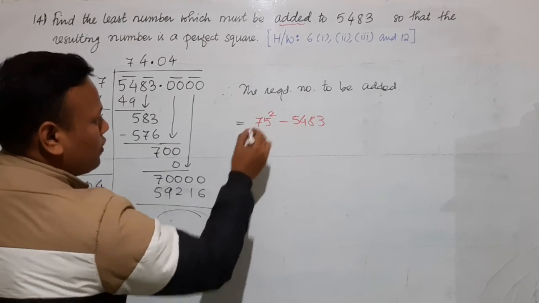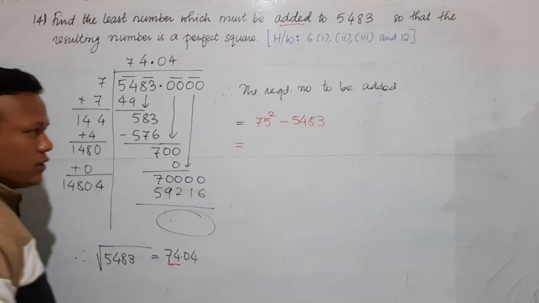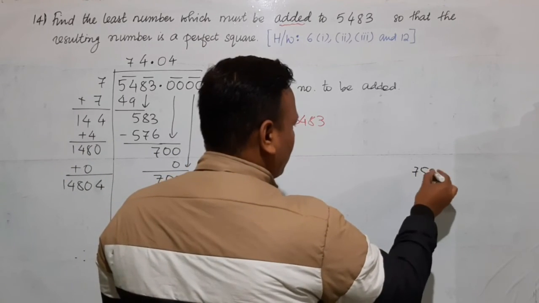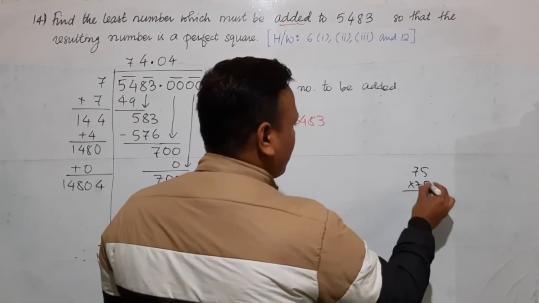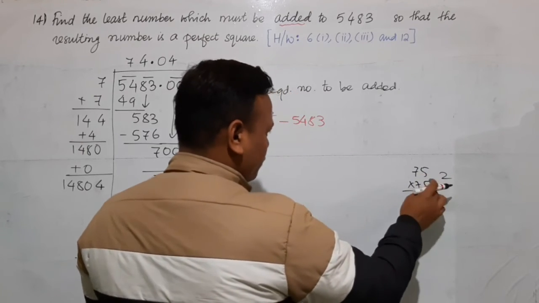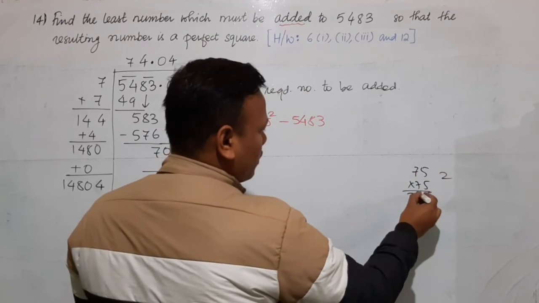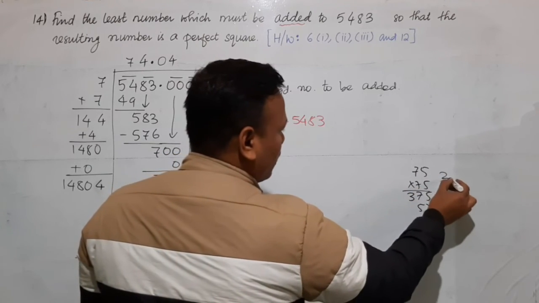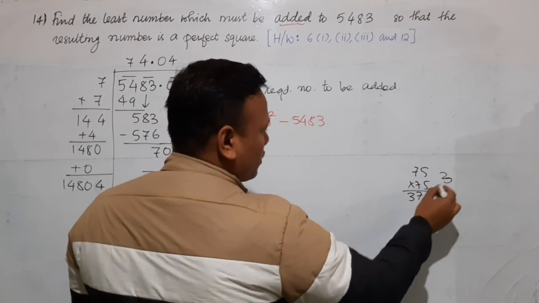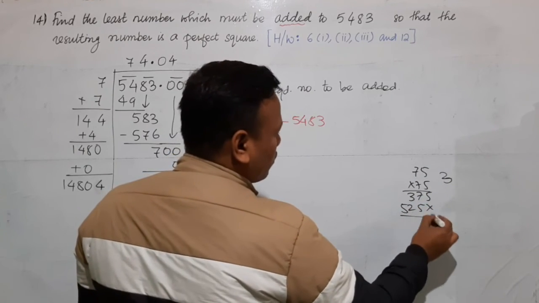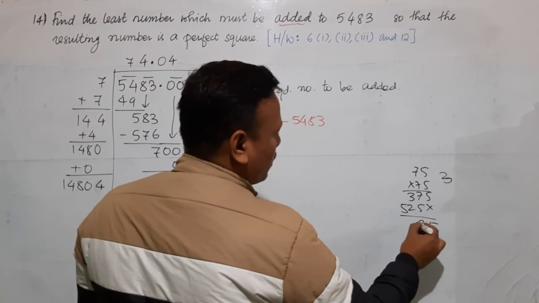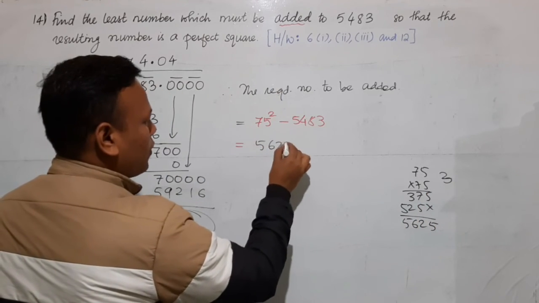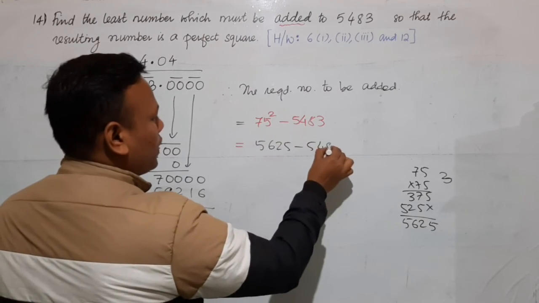So we have 75 squared. Let's find what 75 squared is. 75 squared means 75 into 75. Let's quickly calculate. 5 5s are 25, carried 2, 5 7s are 35, plus 2 is 37. Then 7 5s are 35, carried over 3. 7 7s are 49, plus 3 is 52. So it is 5625 minus 5483.